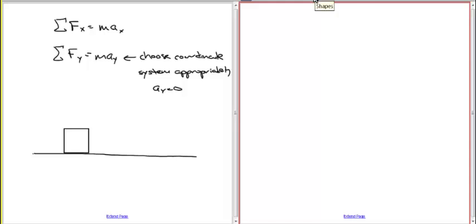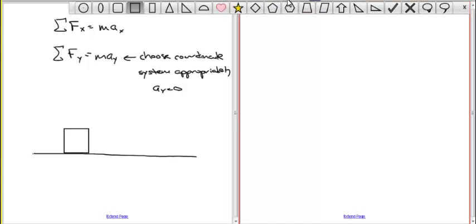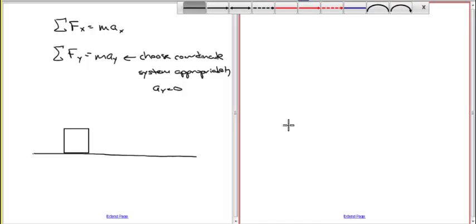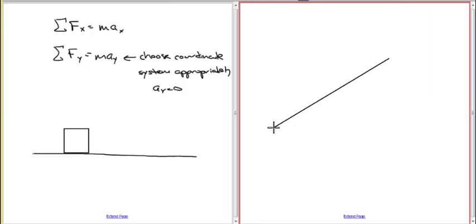Then you have the more complicated case where you have an inclined plane, where you've got to break up your forces, in this case choosing the coordinate system appropriately.